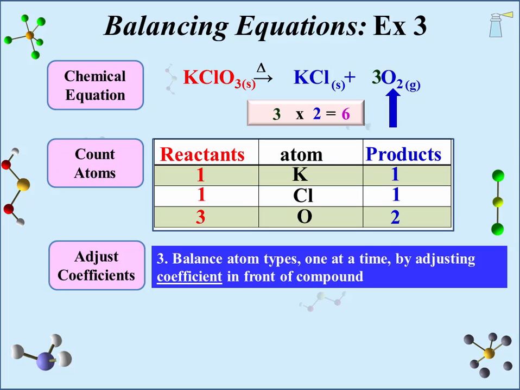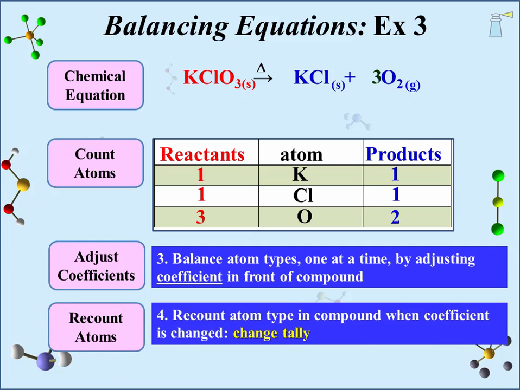Changing coefficients means a recount of atom types in the compound with the changed coefficient. Well, this is a single atom type compound, and the coefficient of 3 is there to give a count of 6 for oxygen. A look at the tally now shows the oxygen on the product side to have a larger count.